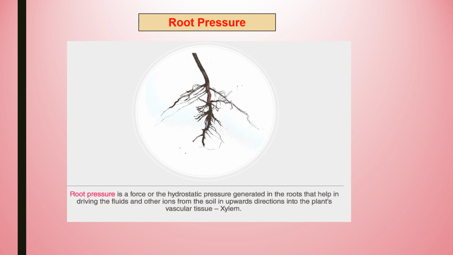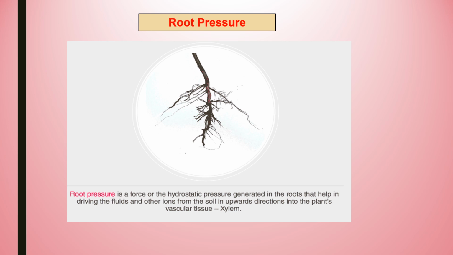Minerals, ions are actively transported into the vascular tissue of the root. Water moves along and increases the pressure inside the root, that is xylem. The pressure is called root pressure.